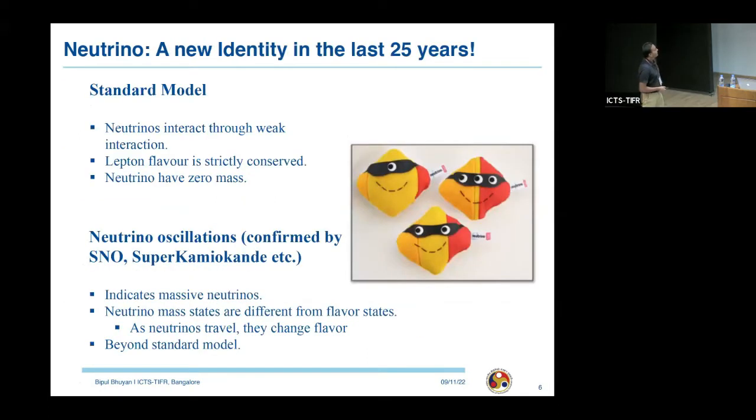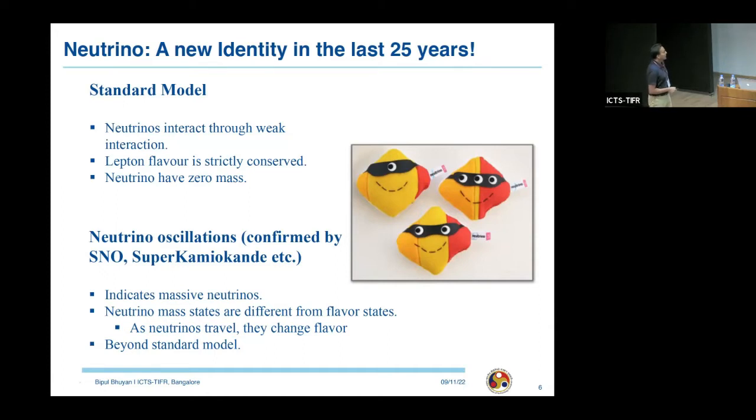Now, in the standard model, this is something that we already talked about, that they interact only via the weak force, and the neutrino flavor is strictly conserved. That's what we have known from the standard model picture. And of course, they have no mass. But when I started working for my PhD, it was established by experiment that the neutrinos oscillate from one flavor to another.